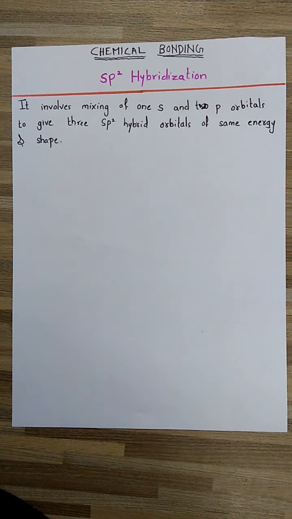What is sp2 hybridization? sp2 hybridization involves mixing and recasting of one s and two p orbitals to form three new sp2 hybrid orbitals which are the same in energy and shape. Let us understand it with the help of an example. Let's take the example of ethene.